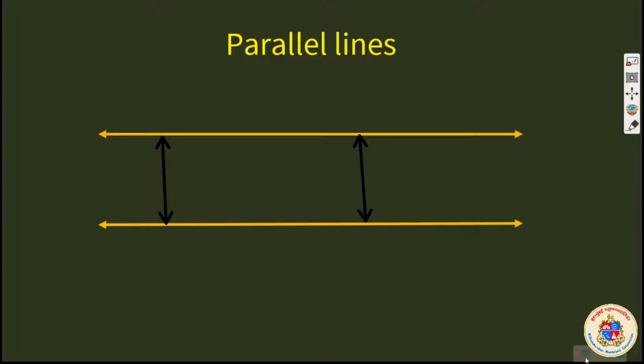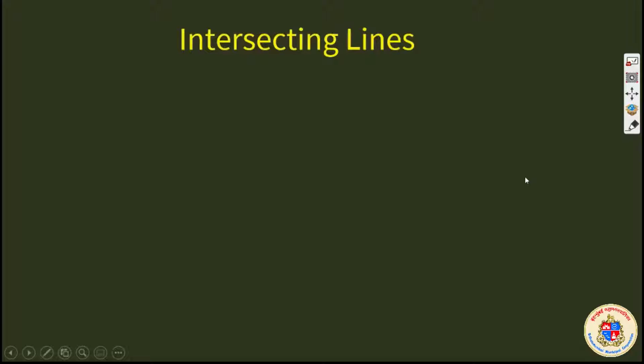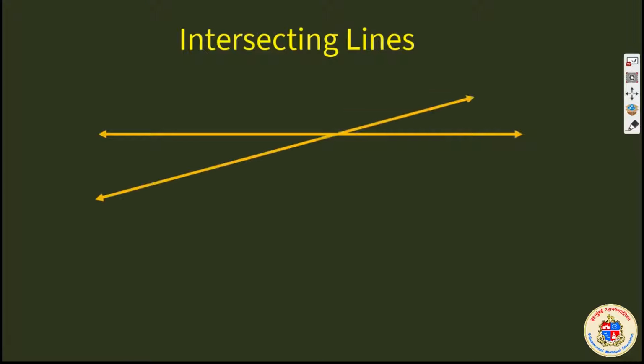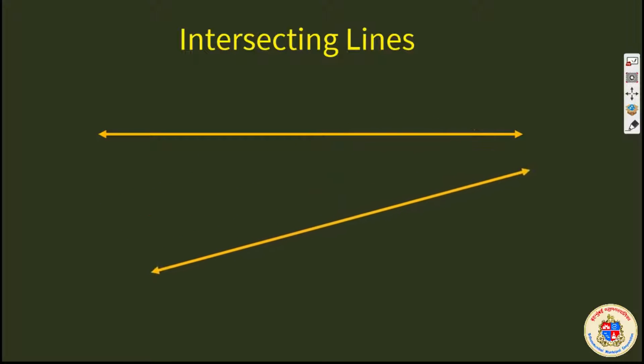Let us go further. The other concept, parallel lines, then the other type of line, intersecting lines. That means they will intersect or meet. That means it can be like this. There will be a point of intersection between two lines, or it may be such that the distance between the two lines are not same as shown before.